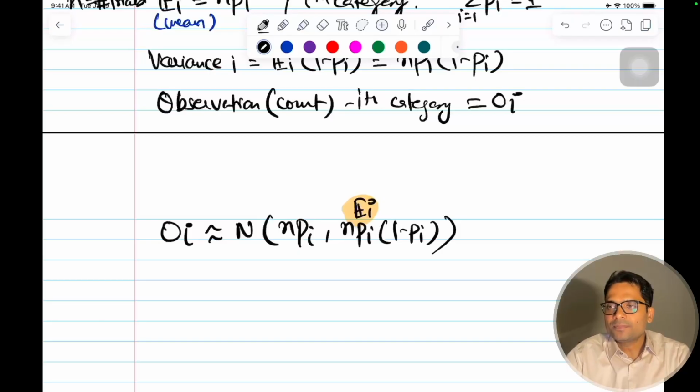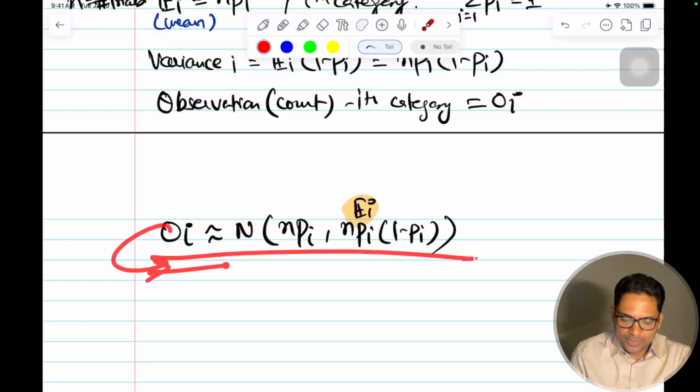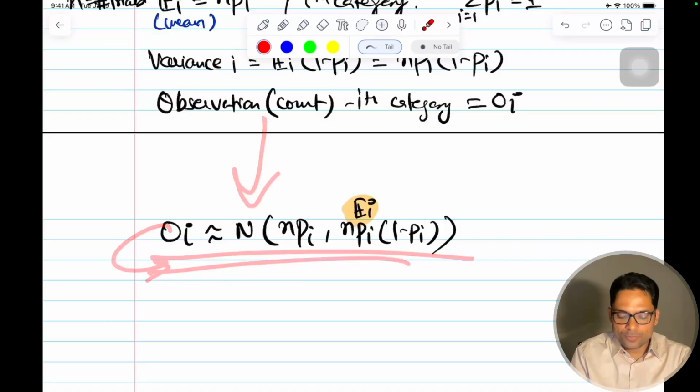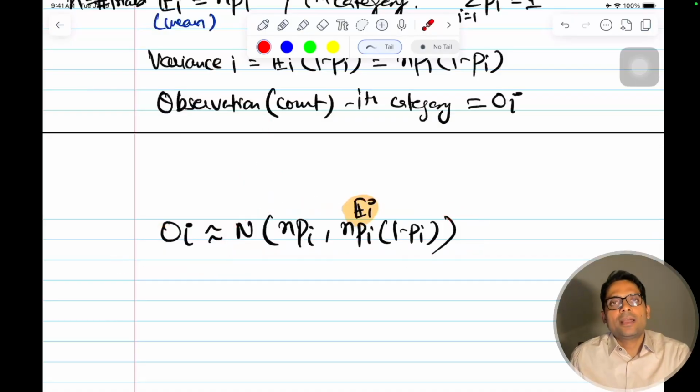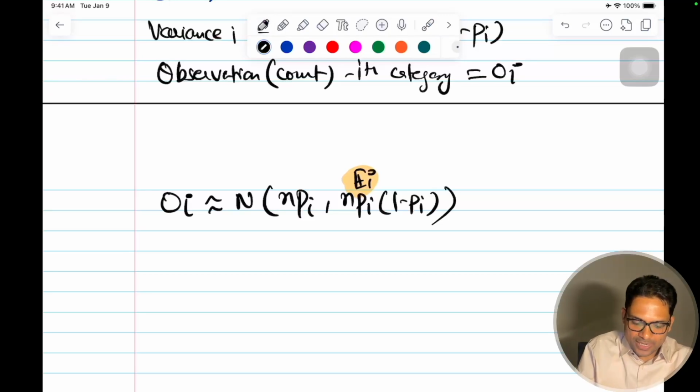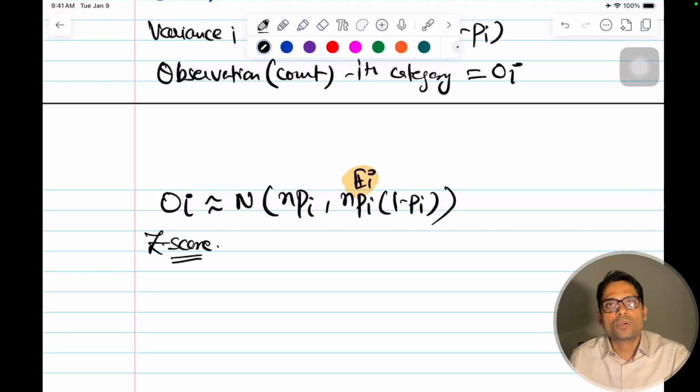Now we have a normal distribution. We have approximated from a multinomial to a normal distribution, and as soon as we have a normal distribution, we know a lot about it. We can think of z-scores, which we discussed in the z-test video. I'll put the links in the description.